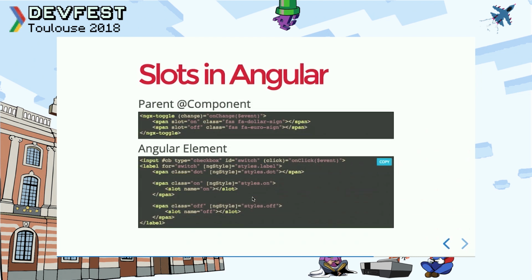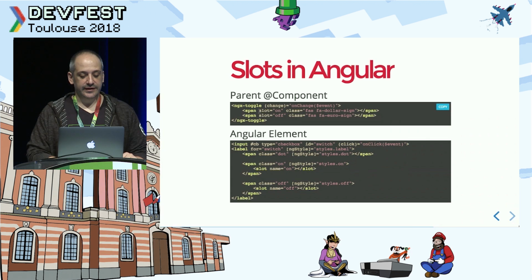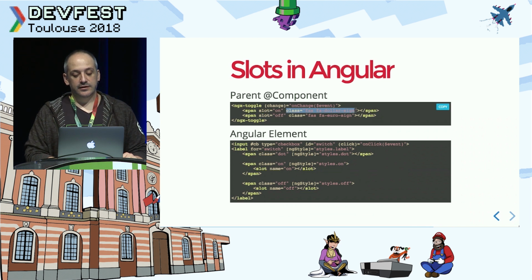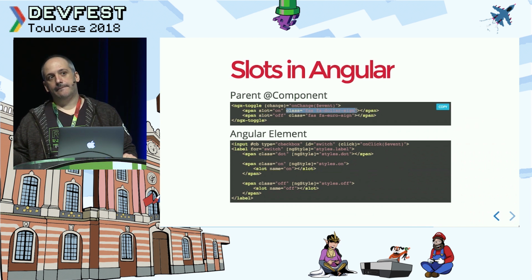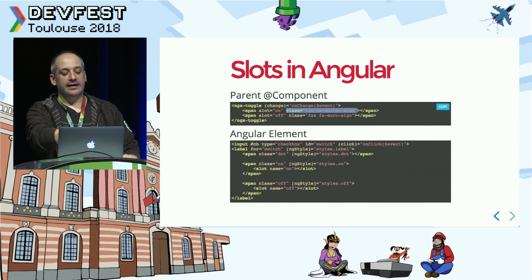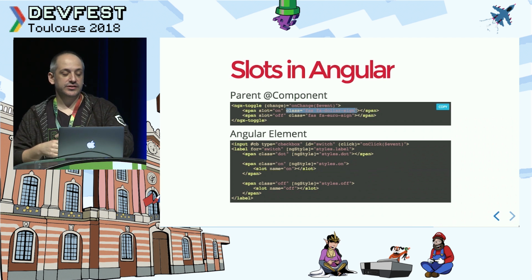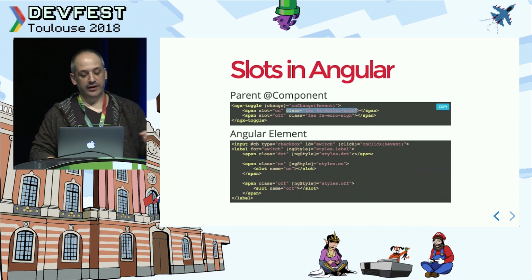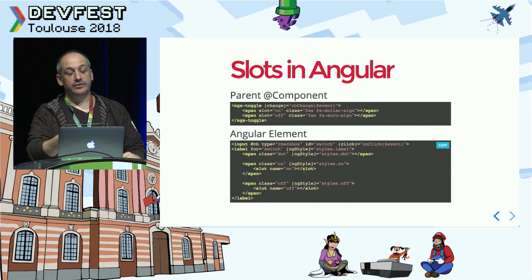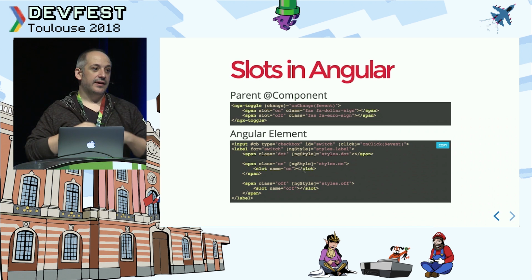For example, in our toggle component, we'll have our ngx-toggle with this slot on and slot off. We can place a class, not the text inside of it, and that will create a before. And that before is going to be projected to the Angular element that is inside.